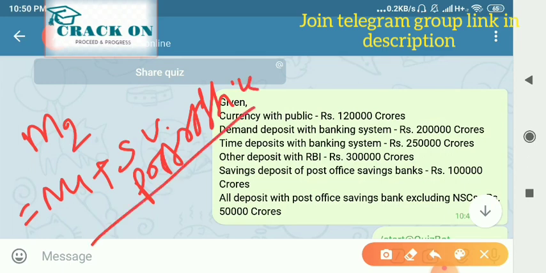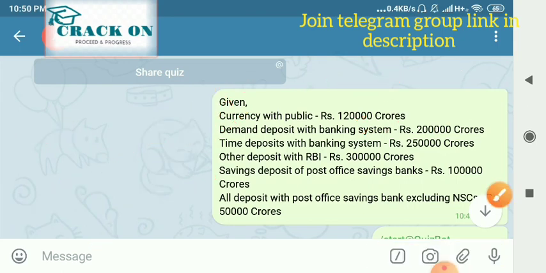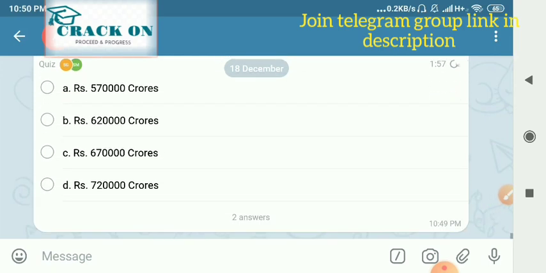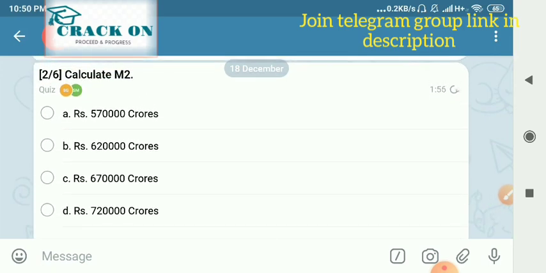Just remember this. M1 equals 6.2 lakhs, and what is the saving deposit with the post office? That is 1 lakh. So the total is 7.2 lakhs. Very easy. Just try to remember this. If you remember M1, then you can easily calculate.